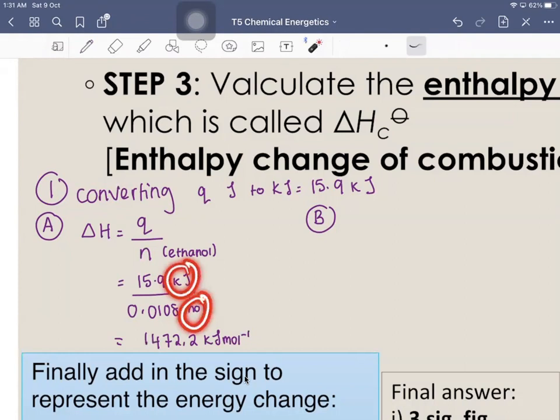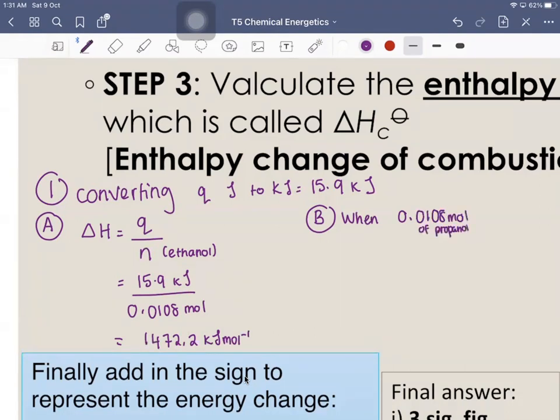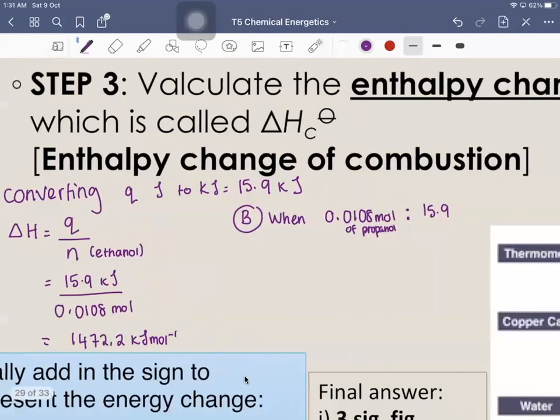Nicely done. The second way of seeing this is that when I burn 0.0108 mole of propanol, I get 15.9 kilojoules of energy.